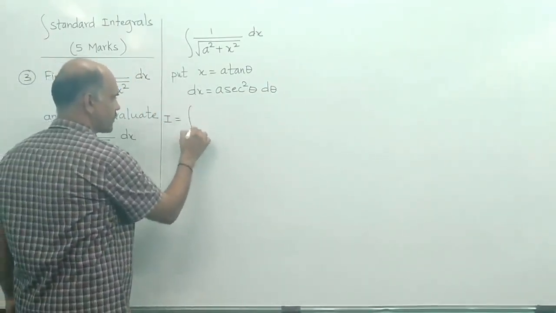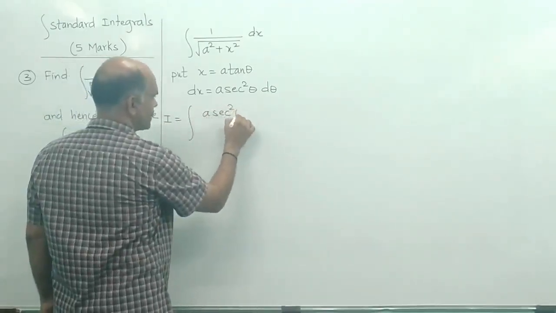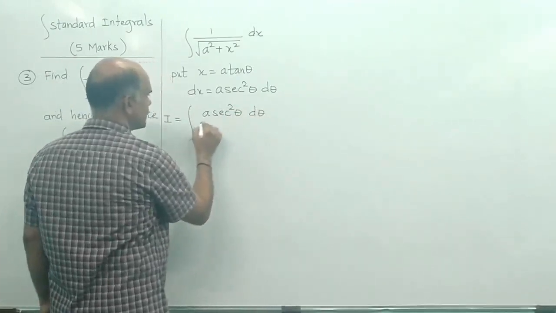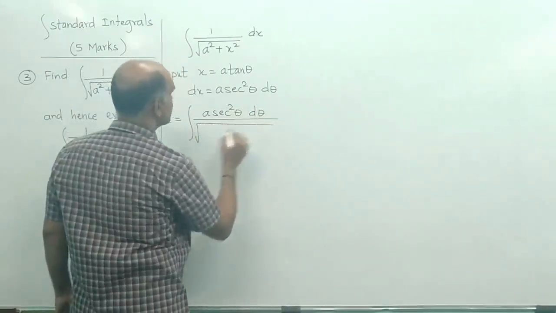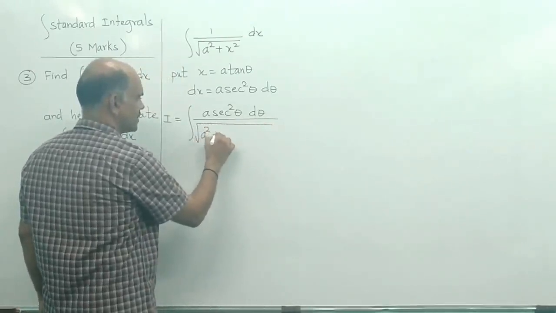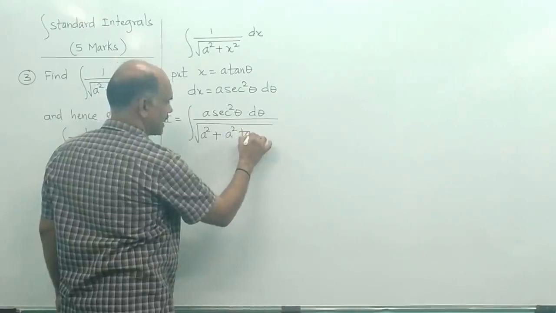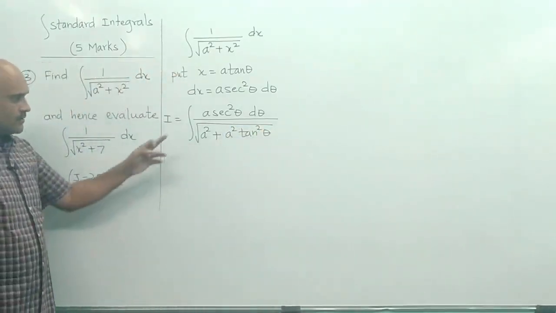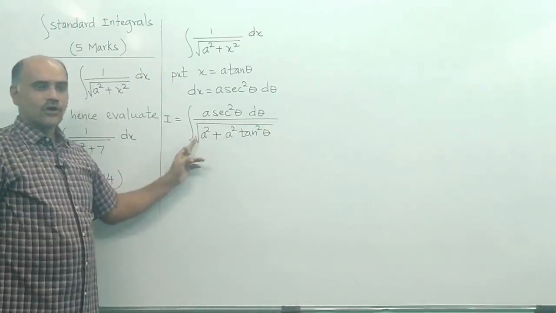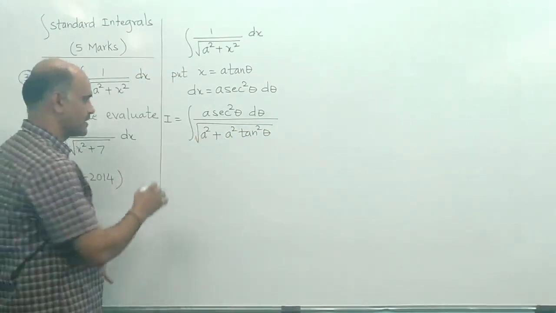Therefore I is equal to, so dx is a secant square theta into d theta divided by root of a square plus x square, which will be a square tan square theta. Now again take a square common in denominator. So outside root it will become a.